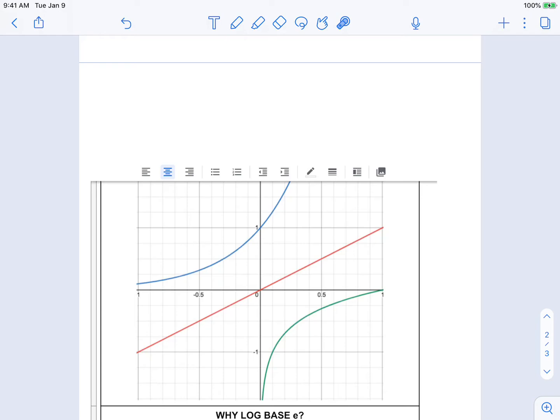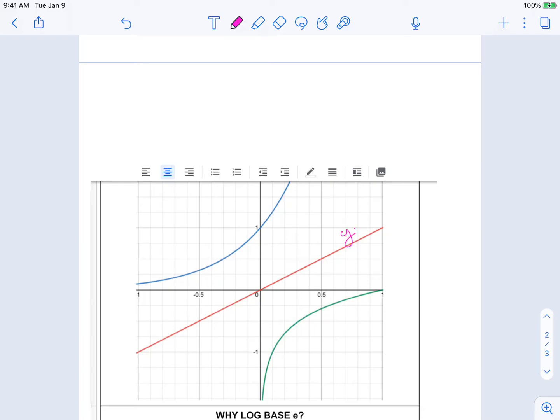One of the things that happens when I'm talking about exponents and logs with the same base is that they are symmetrical, which means they look the same on both sides of the line y equals x. So I'm going to write this in here.